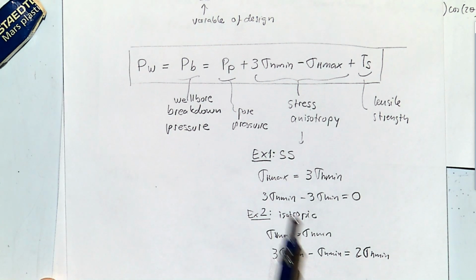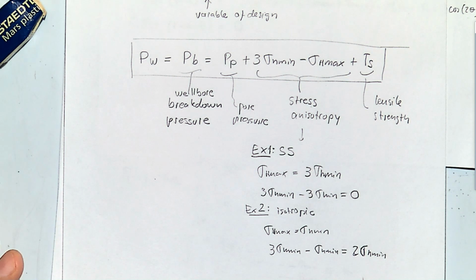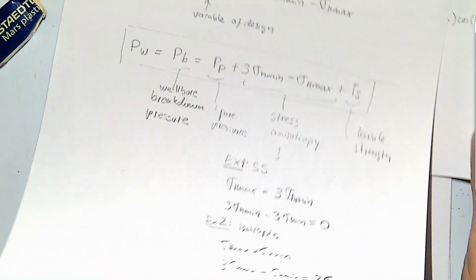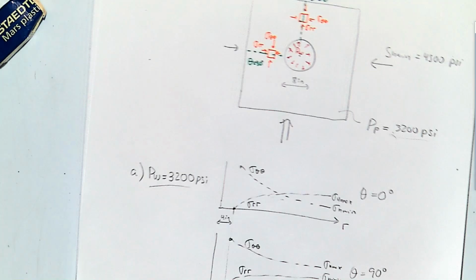Okay, so with this equation, then we're going to be able to compute this breakdown pressure. So let's use this for an example, and that's going to be problem 692.